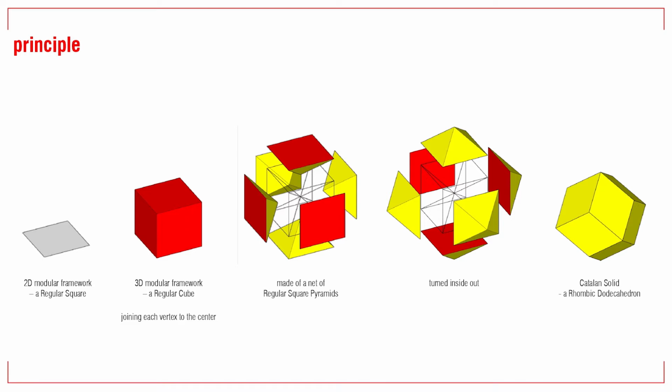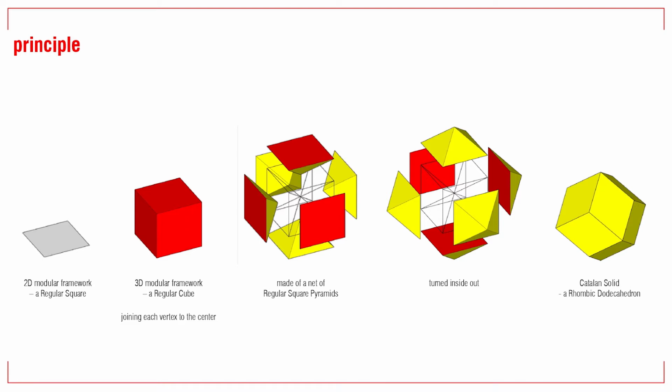By looking at this square from a different projection, or by taking it into 3 dimensions, we get a regular cube. I tried to join all 8 vertices of the regular cube to the center, and we get 6 regular square pyramids from this cube.